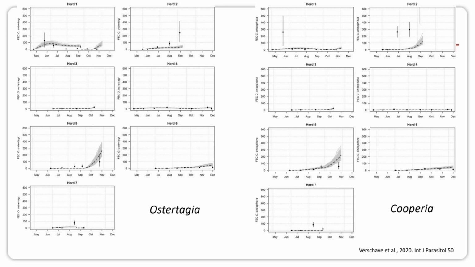But what was observed is that either the fecal egg counts stayed rather low during the whole grazing season, or if there is a peak, the peak was rather towards the end of the grazing season, and not this summer peak as I showed in the textbook example. So again, clear indications that things have changed.